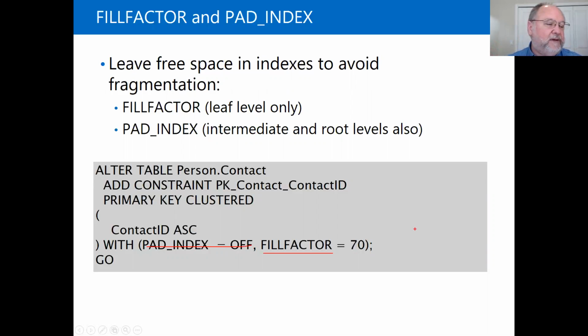Now, I have found, as a starting point, 70 is a good starting point. And you'll have to determine how much effort you're willing to put into this, because it can be a big deal. But if this table is worth the effort, here's what you do. You set it to 70. And several times throughout the day, you go run that query that I showed you, the sys.dm_db_index_physical_stats.